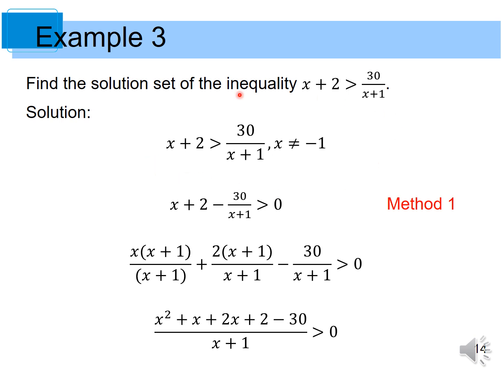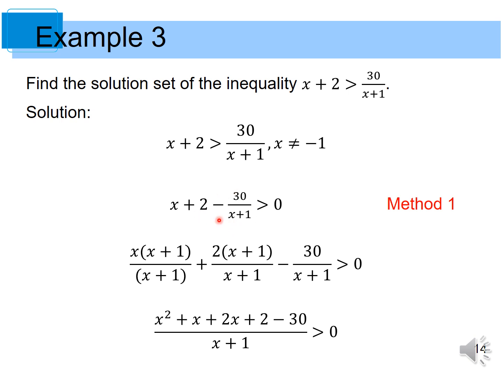So first, you have identified this term is a rational function, so you should know x cannot equal to -1. And we move the whole thing to the left side so that our right side is equal to 0. Refer to our first method. It's not cross multiply.